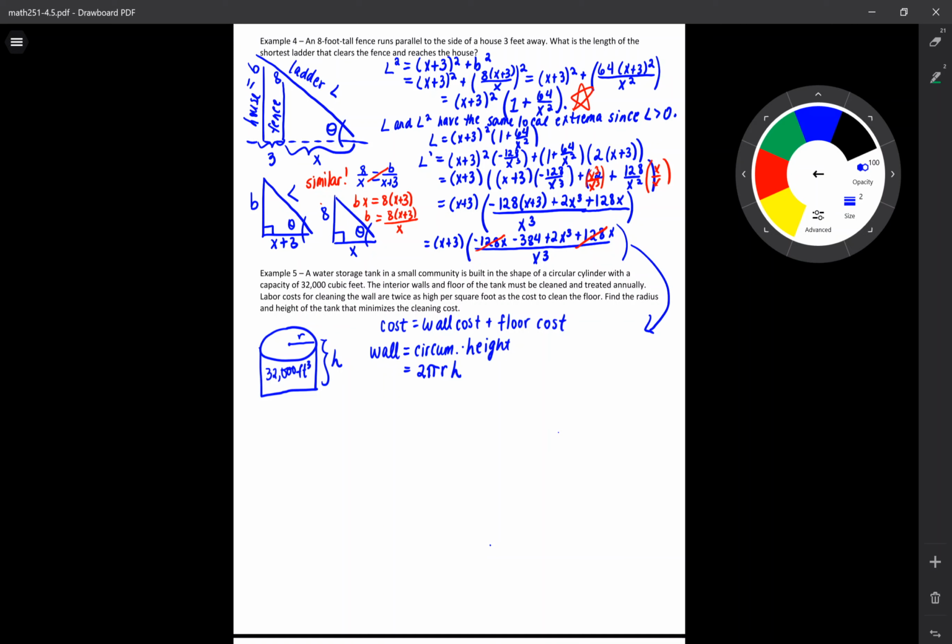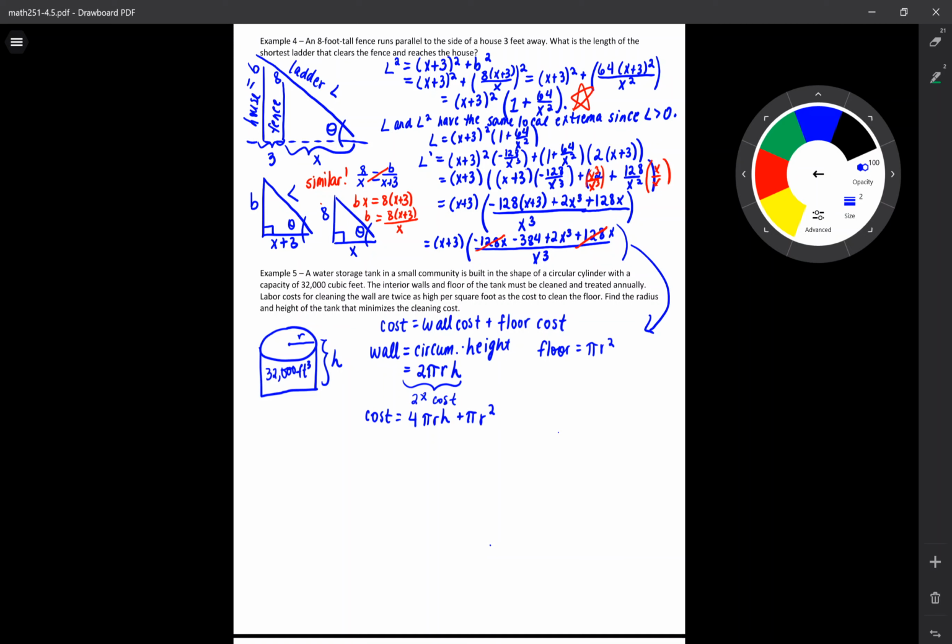And we need to note that the cleaning costs for the wall are twice as high per square foot. Okay, what about the floor? What is the surface area of the floor? Well, it's a circle, so it's just pi r squared. So our total cost is equal to the wall cost, which is 4 pi r h, since I have 2 pi r h, and then I have to multiply it by 2 since it's twice the cost, plus pi r squared.